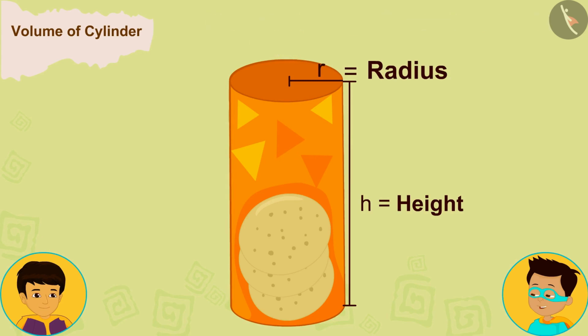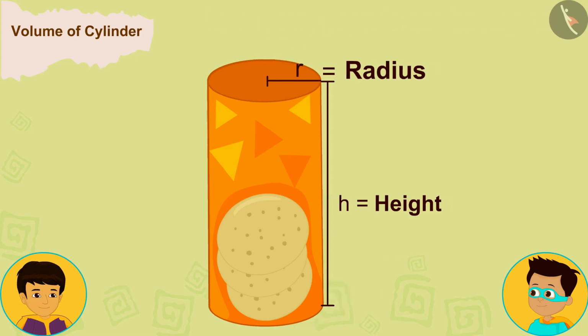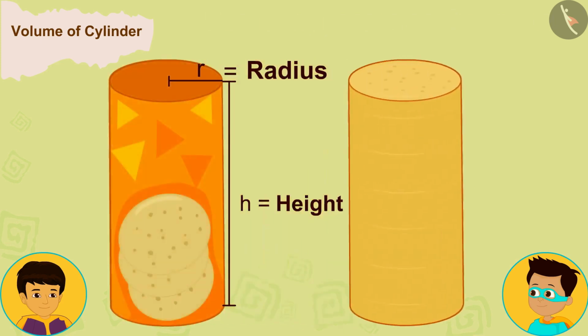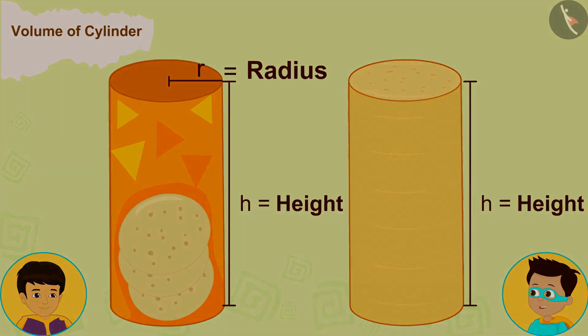If we measure the height of the papad, which is very little actually, assuming that this height is equal to 1 unit, then we can say that the height of the box is equal to the number of total papads that can fit in the box.